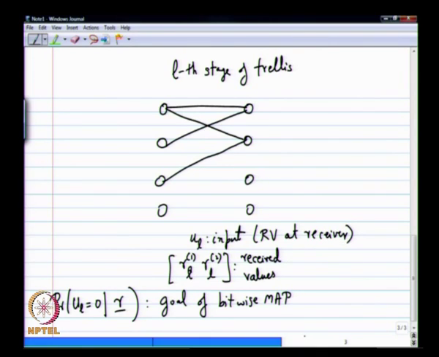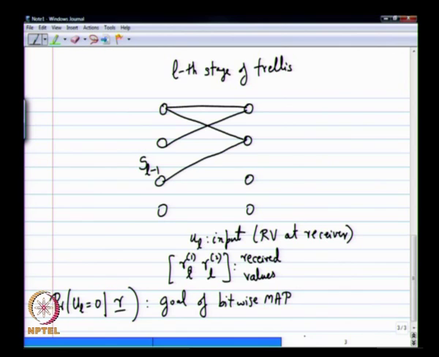Okay, so let us add a few more random variables to describe what is actually happening. So we will say the state before the Lth stage. We will call that some random variable. So what can be a good notation for that? Let us say capital S, L minus 1. Does it seem okay to you?